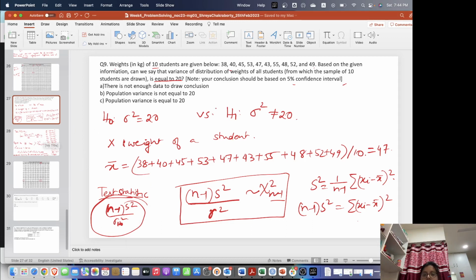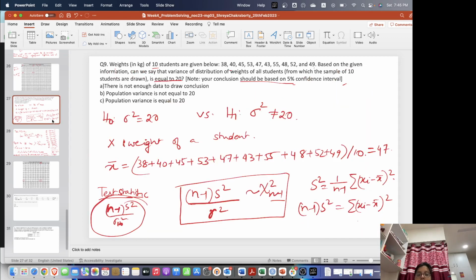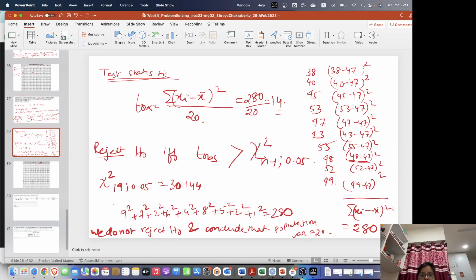And if they are saying your conclusion should be based on 5% confidence interval, you can use this one also, or you can compute with the chi-square values the lower confidence interval and upper confidence interval, and if 20 belongs to that interval, then we do not reject H naught, otherwise we reject H naught. But I think this process is far easier.